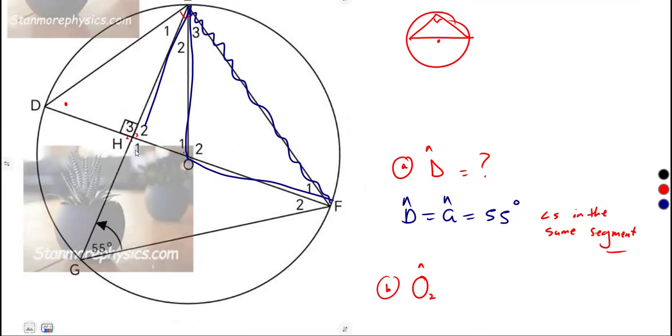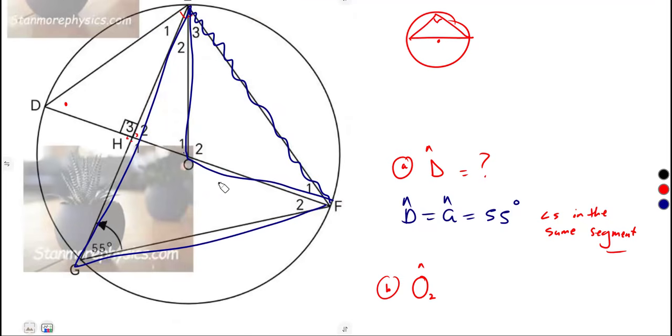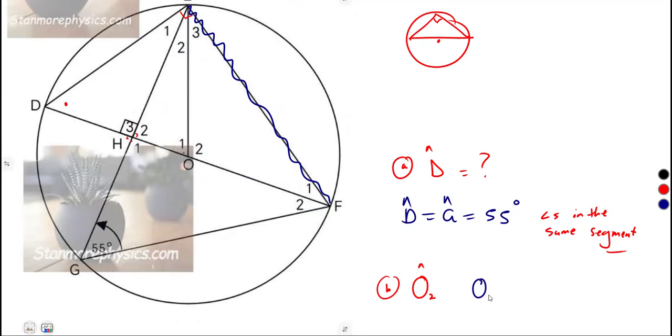It is also creating angle G. Remember from the previous theorem that we just proved, angle at the center is twice angle at the circumference. So angle O2 is twice angle G or angle D, whichever you want to use.